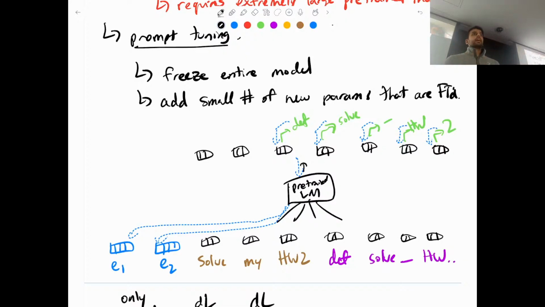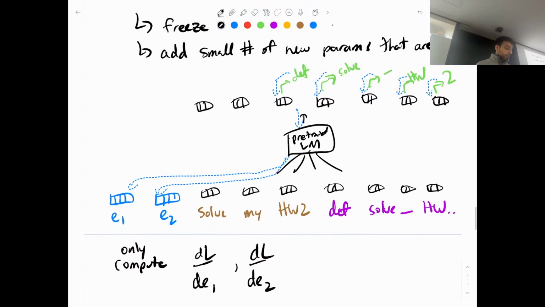Sorry, I should say we are only using dL/dE1 and dL/dE2 in our update rule. But we still have to compute all the higher-level derivatives in order to get dL/dE1 and dL/dE2, because we are doing it through the chain rule. So it's not saving us compute cost, but it is saving us space on the updated model.